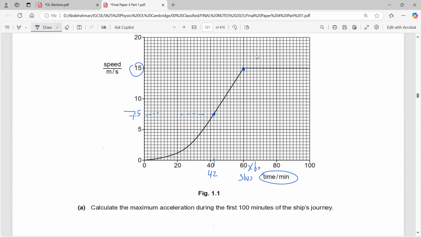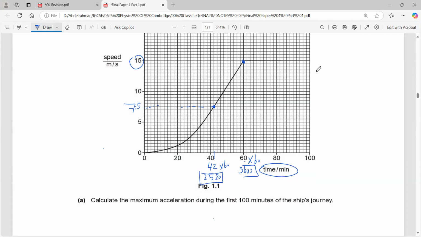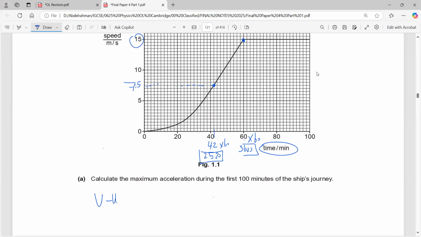42 times 60 is 2,520 seconds. Now we have time and speed. V minus U over delta T, the change in time. 15 minus 7.5 over 3,600 minus 2,520.